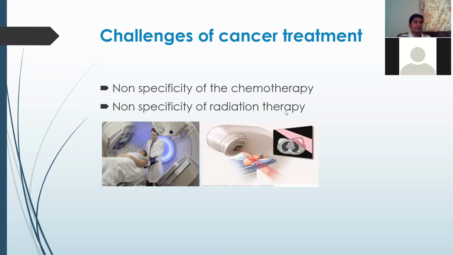The radiations that we use in order to kill the cancer tumors are also non-specific. They do not distinguish between the normal healthy cells and the cancer cells. Since they are not able to distinguish between the healthy and cancer cells, they are going to kill the cancer cells along with the healthy cells as well.